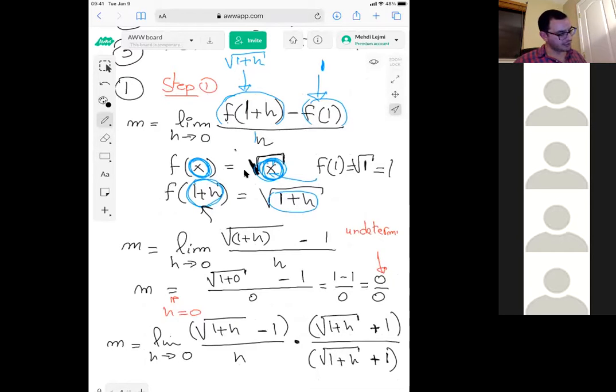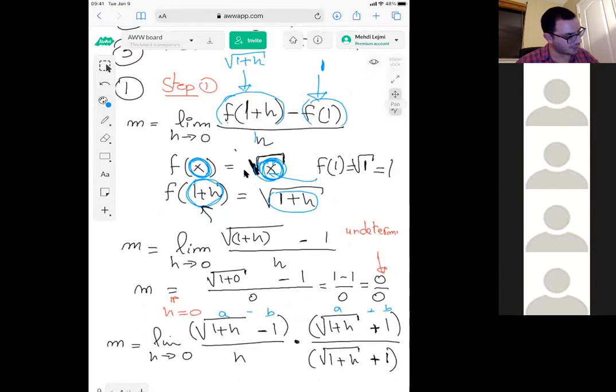Now, why am I doing this? Because this is like a minus b times a plus b, so that's a squared minus b squared. This is my a, this is b, a minus b, and this is a plus b.